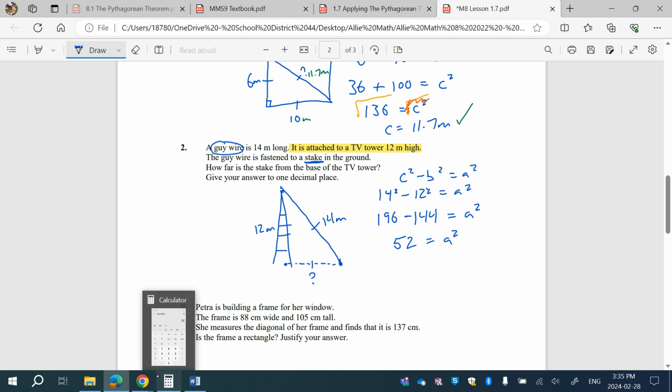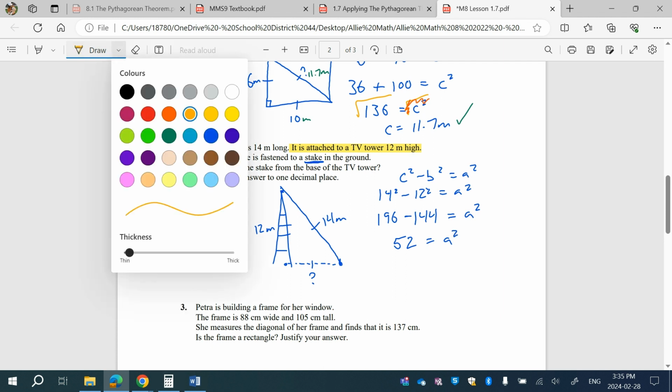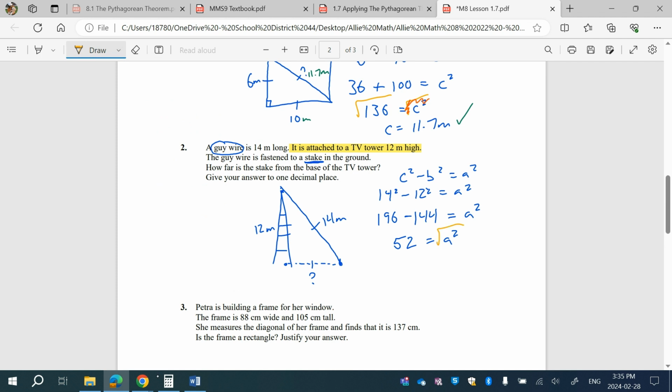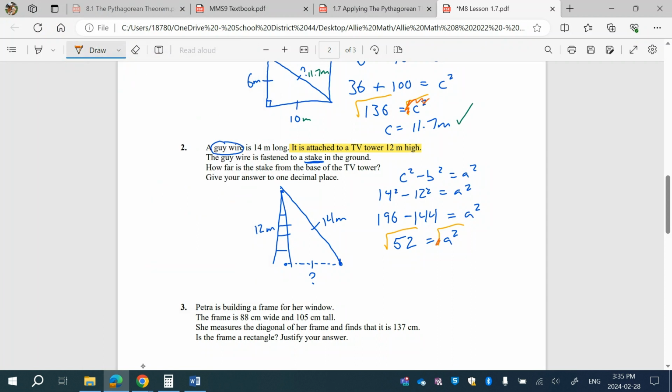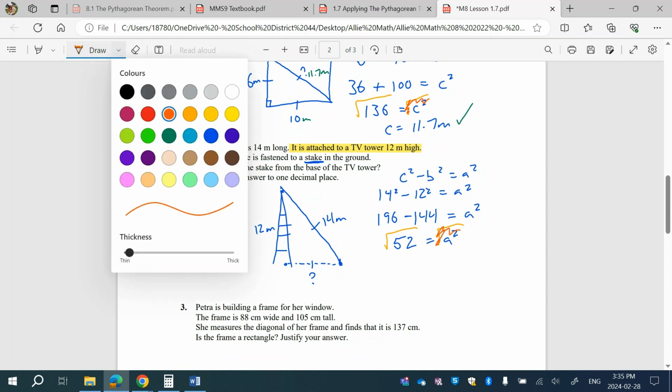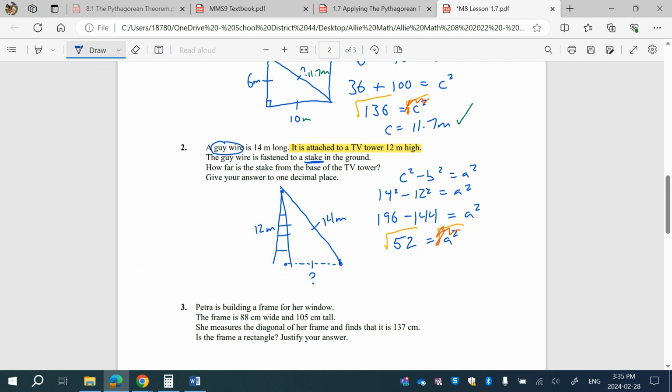Our second to last step is going to be to find the square root, because we want a to be by itself. It's currently being squared. We want to get rid of that. So that cancels that out. We're left with a equals the square root of 52.